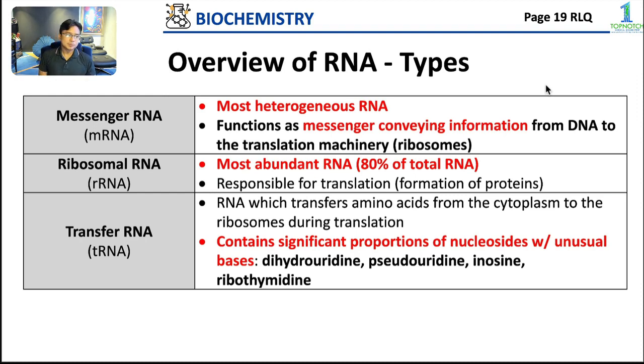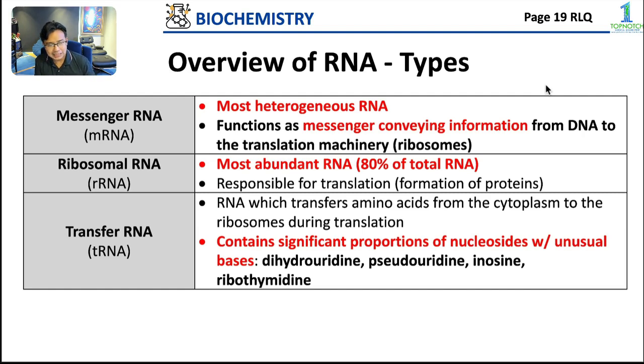Now, your rRNA is the most abundant and are the ones responsible for formation of your amino acid sequences. While transfer RNAs, they transfer amino acids from the cytoplasm going to the ribosomes during translation.